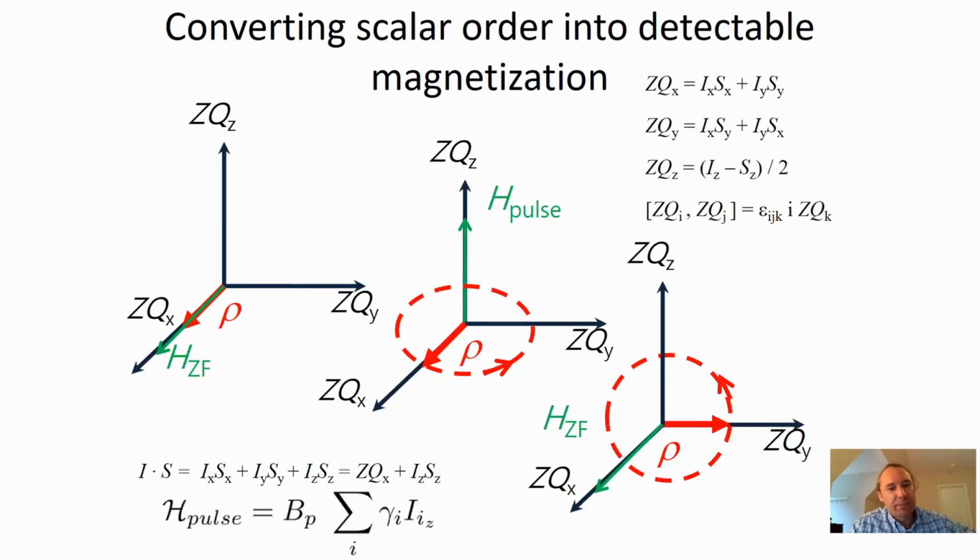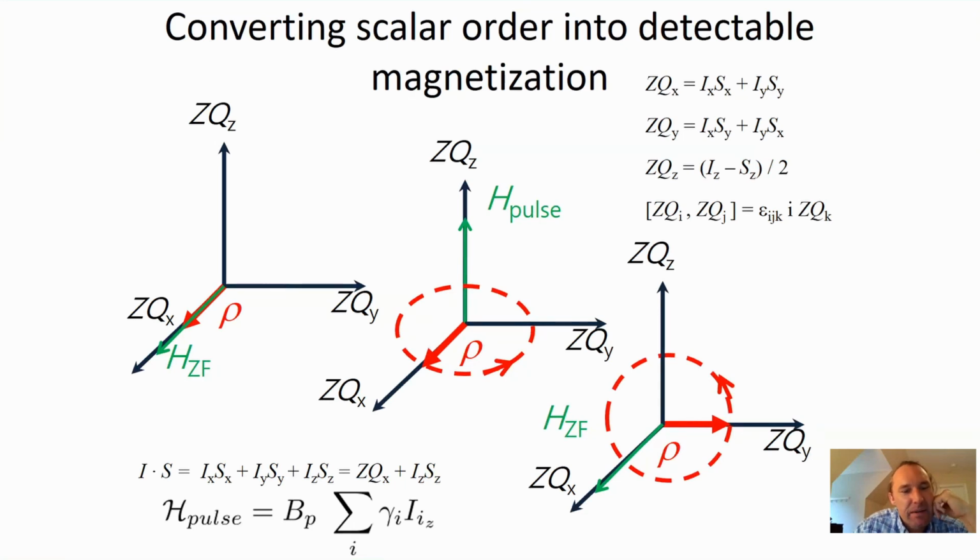Again, the typical procedure is we apply a pulse and then we let this thing evolve, and we see what we get. The pulse now acts a little differently. Before, we started at Iz minus Sz, and we wanted to maximize that with a pulse. Here what we're doing is a little different. We're applying a pulse to rotate zero quantum x into zero quantum y.